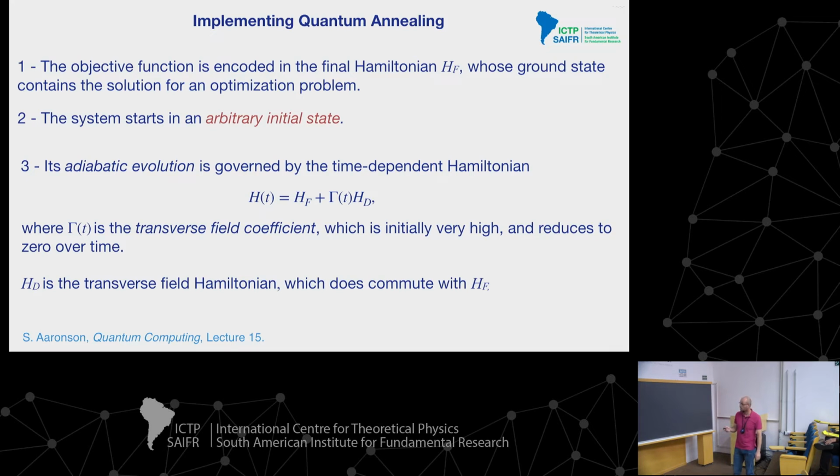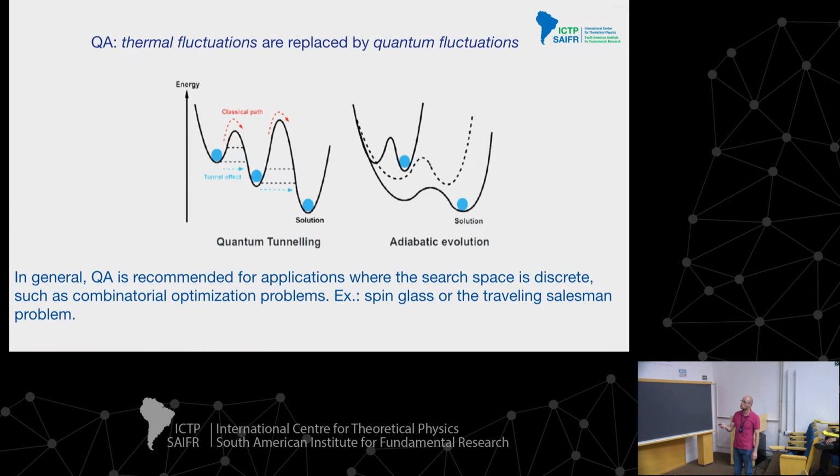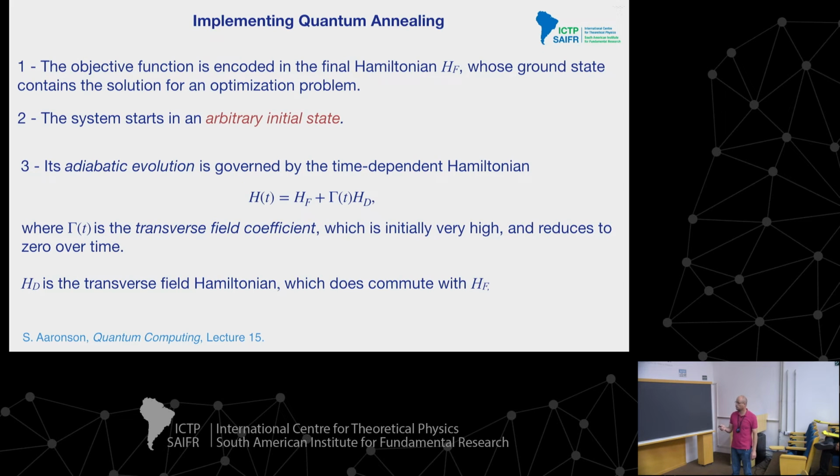Okay? Observe that, as in the classical case, it's possible to start at every point, and the system will be driven to the final state. So in quantum annealing, it's also possible to start from an arbitrary initial state. This is the basic difference.